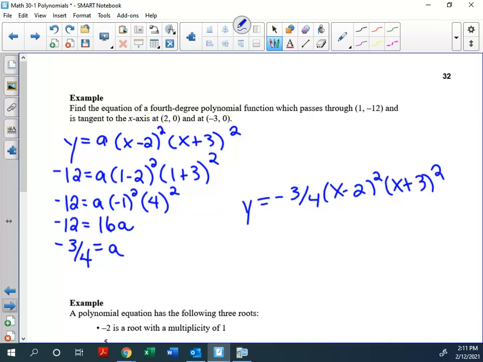This really isn't challenging. All it is remembering to consider that A value and plug in a point. That's it.